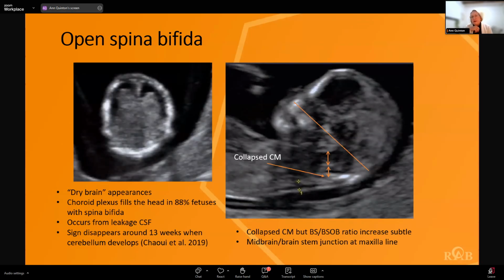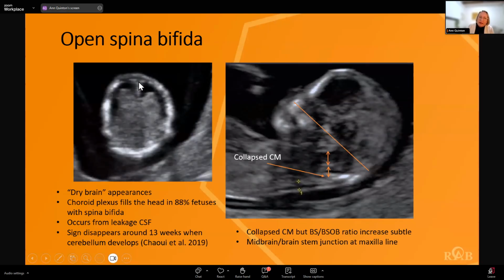Other features in the fetal brain of spina bifida in the first trimester are what's called a dry brain appearance. So here we can see that the choroid plexus of the brain appears to almost fill the entire cranium. There's very little ventricle space left here.